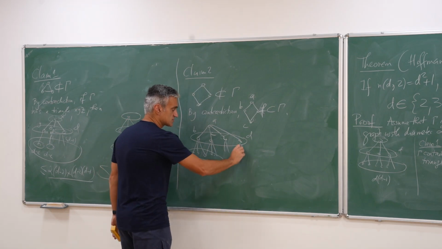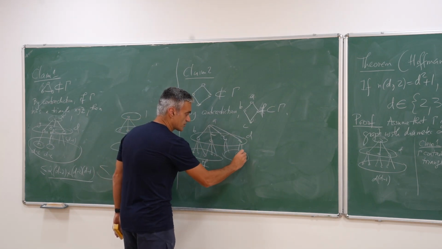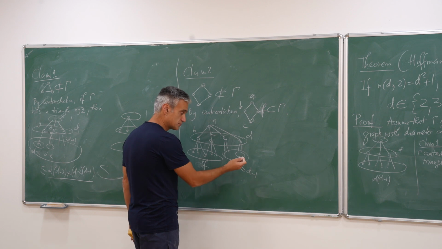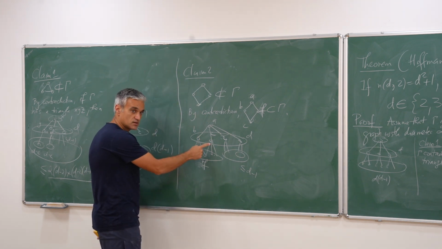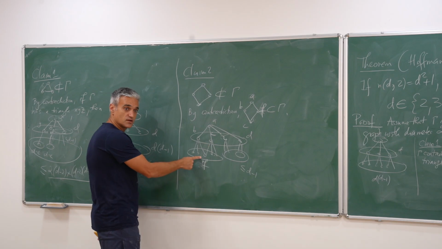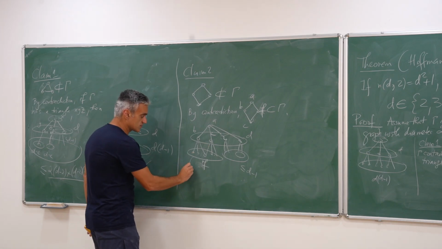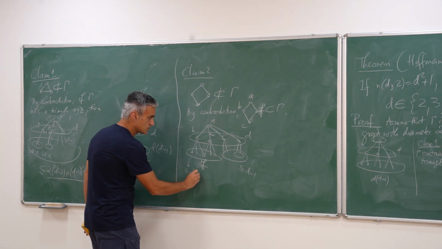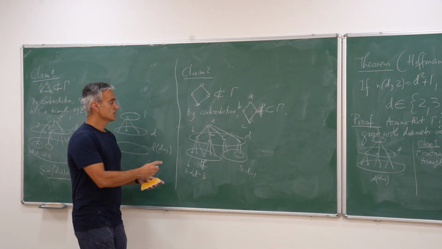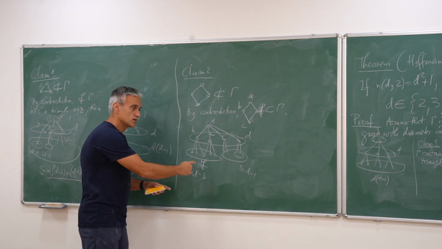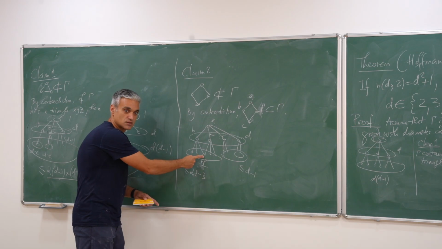these vertices here, each of them sends at most D minus 1. But B and C together have a common neighbor here. So in here, they send at most 2D minus 3, because each of them sends D minus 1, but they will overlap in one position.